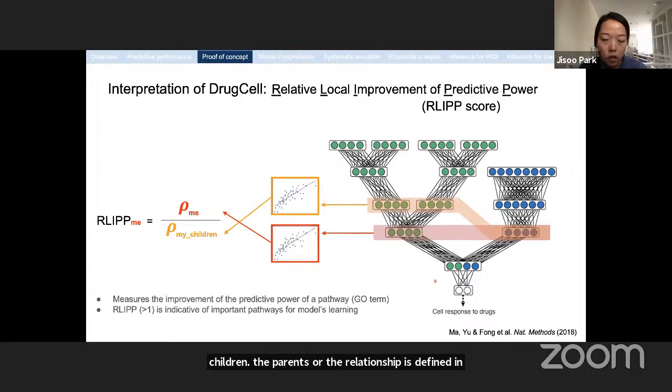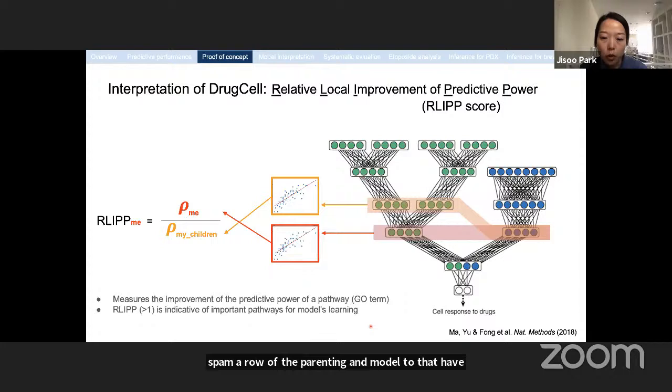To calculate the RLIPP score for one pathway, I first trained a linear model using the neuron values assigned to the pathway. Then I collected the neuron values assigned to all of its children pathways, concatenated them, and trained another linear model using the concatenation. Then the RLIPP score is defined as the ratio of the Spearman rho of the parent linear model to that of the children linear model.